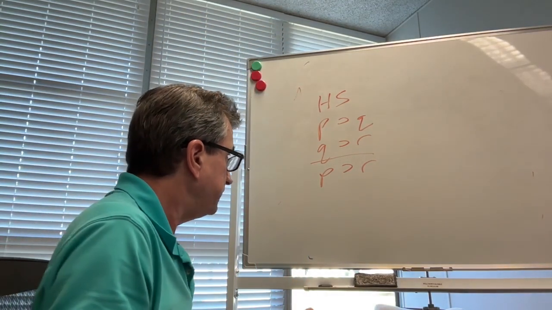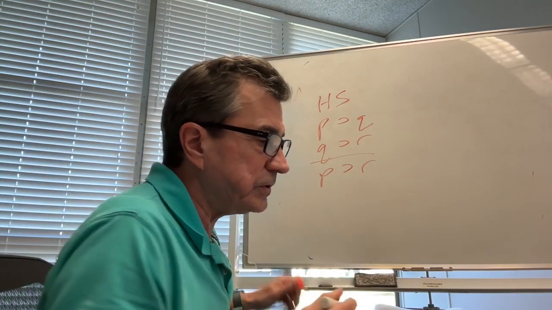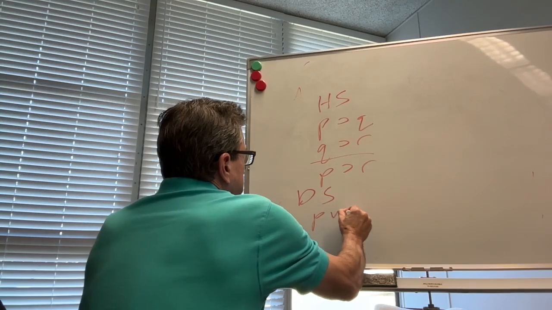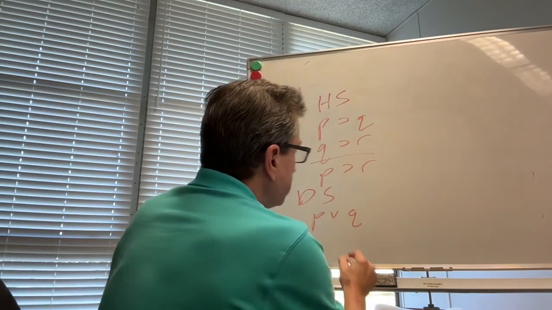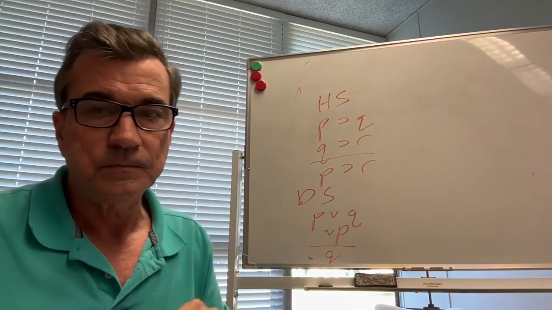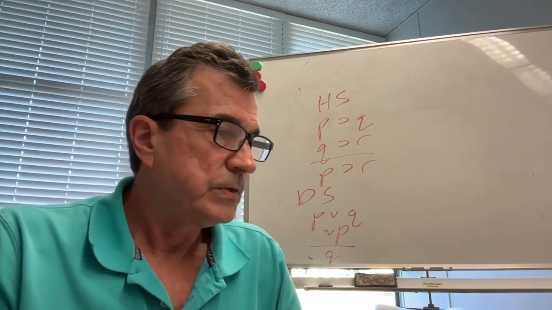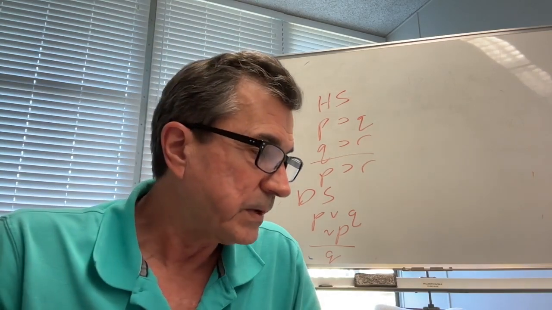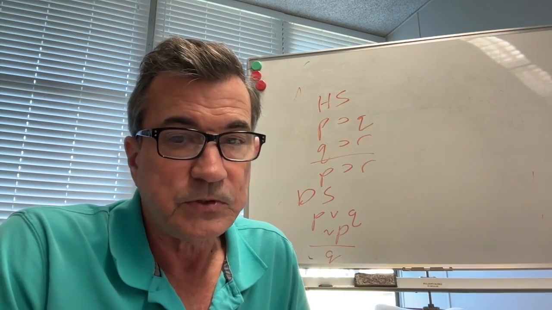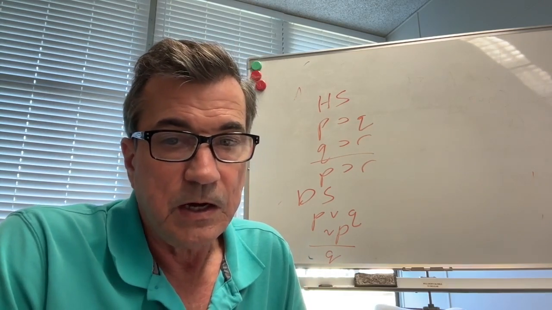The other is what's called a disjunctive syllogism. DS: P or Q, not P, therefore Q. It's all in the text, on page 384. DS just stands for disjunctive syllogism.